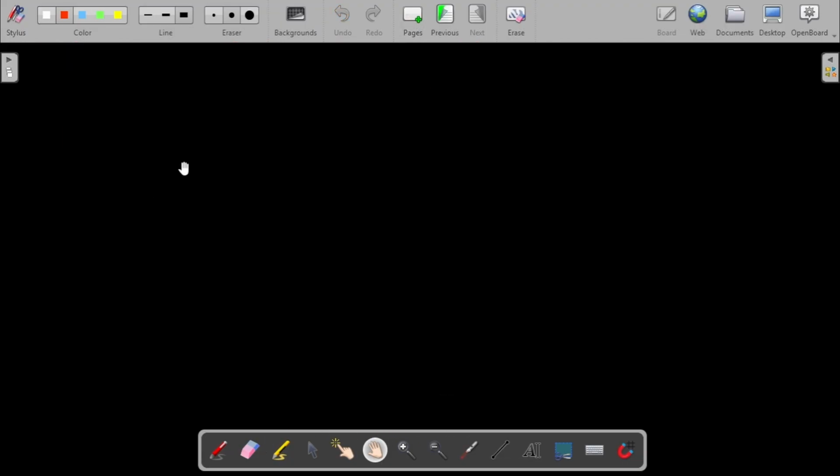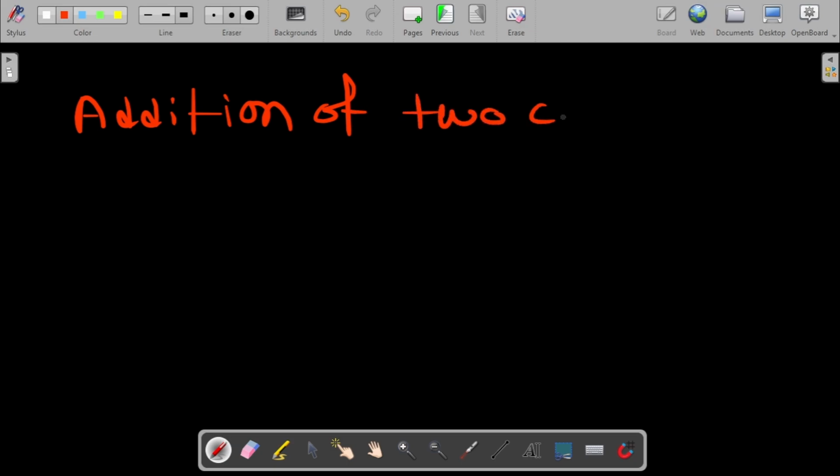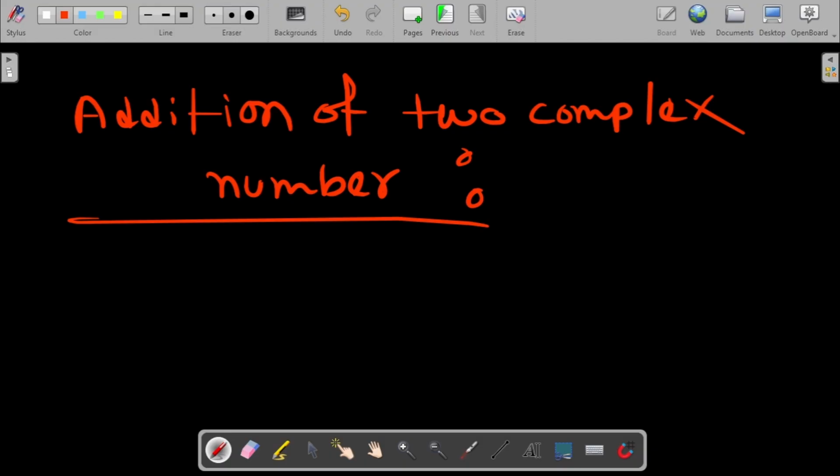Firstly, I discuss the addition of two complex numbers. We all know how to add two real numbers, right? Now let's discuss how to add two complex numbers.